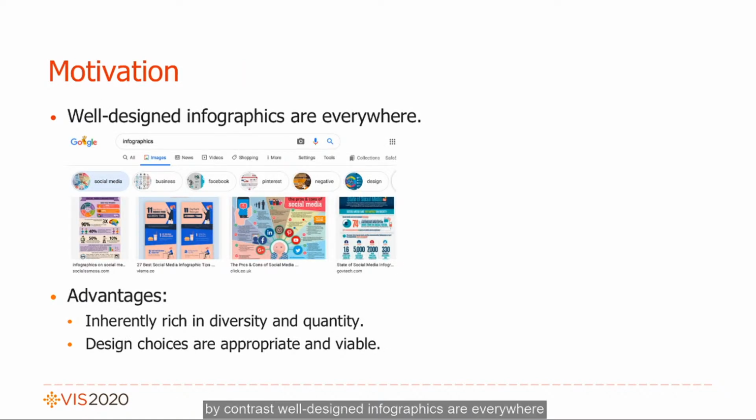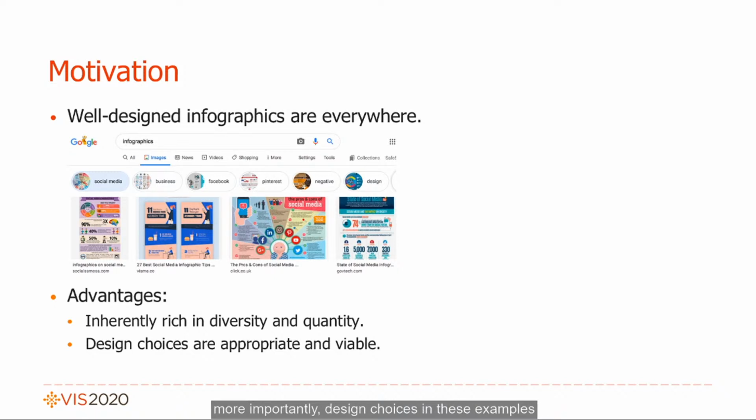By contrast, well-designed infographics are everywhere. When you search infographics on the internet, you can get a huge number of well-designed infographics. Compared to predefined blueprints, online examples are inherently rich in diversity and quantity.